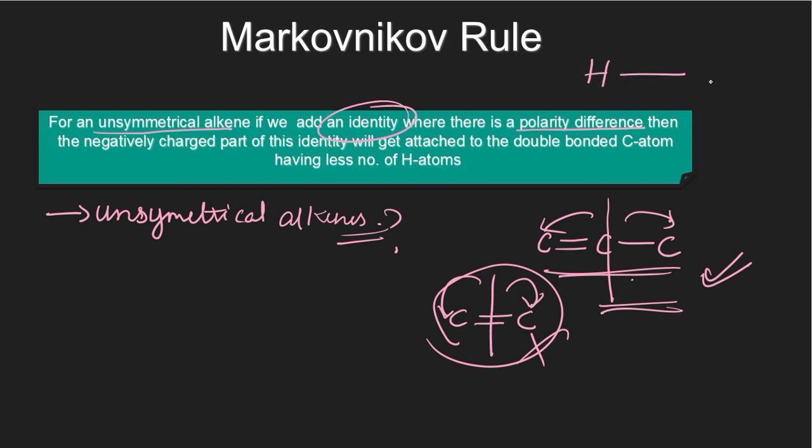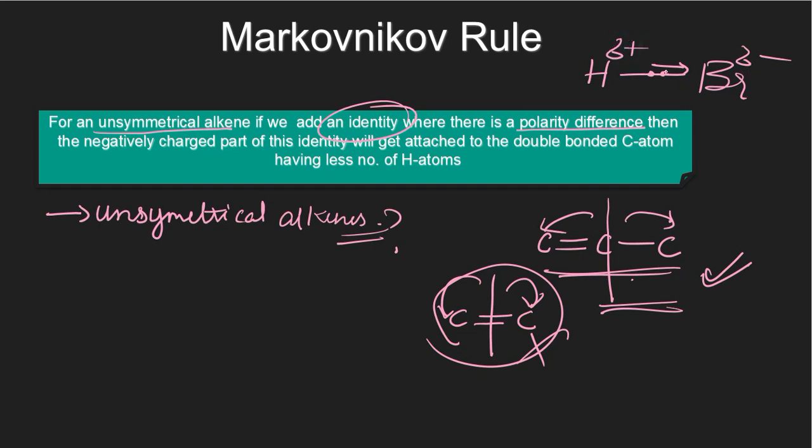If you have a hydrogen atom bonded to any atom which is having more electronegativity, let's say it is bromine. This is your very famous halogen, and if this is bonded to bromine, the polarity difference is more. So obviously bromine is more electronegative than hydrogen, so it will try to attract the electrons toward itself. So it will have a partial negative charge and hydrogen will have a partial positive charge.